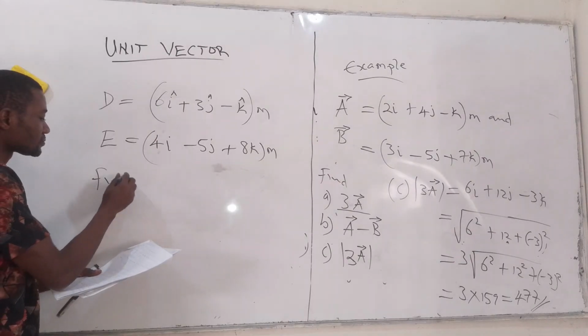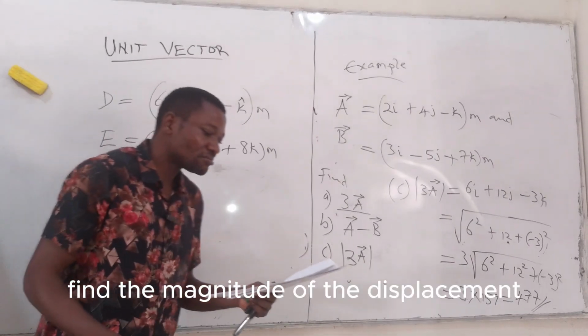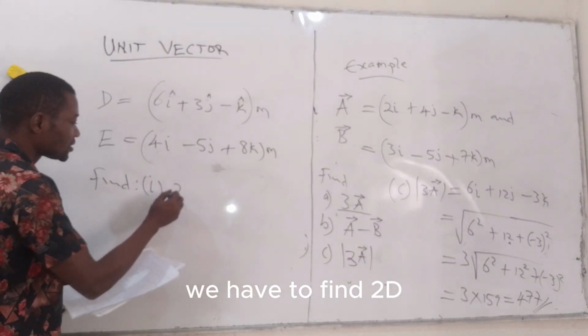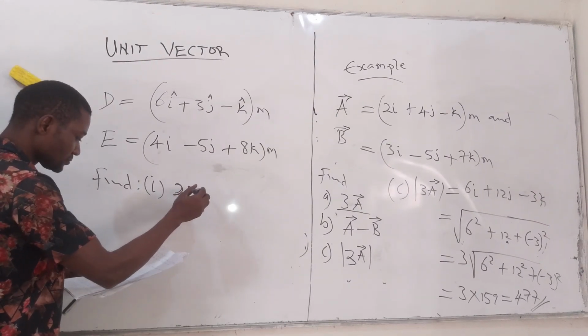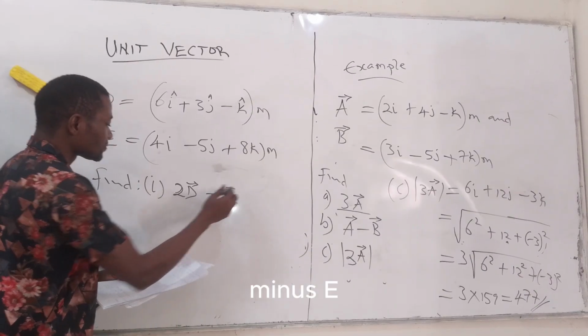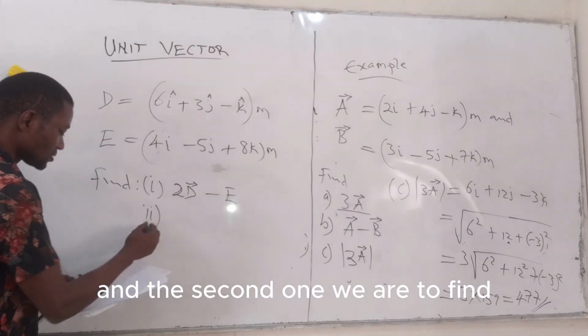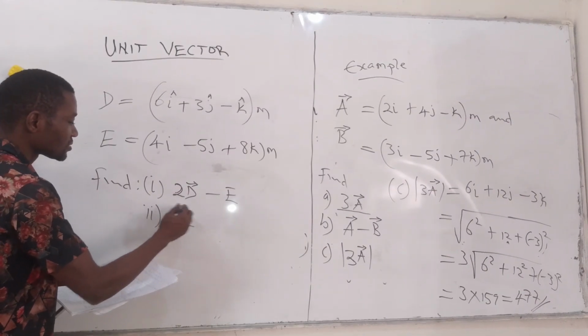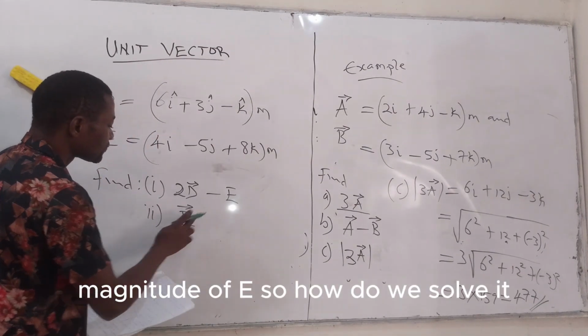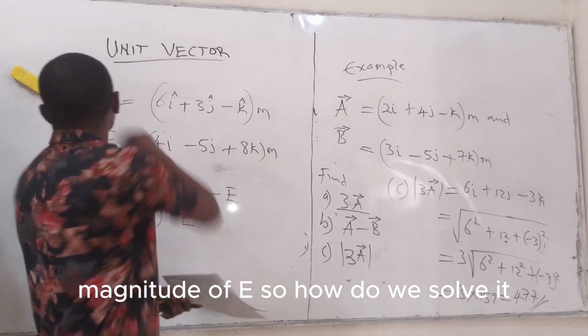Find the magnitude of the displacement 2d minus E, and the second one, we have to find magnitude of E. So how do we solve it?